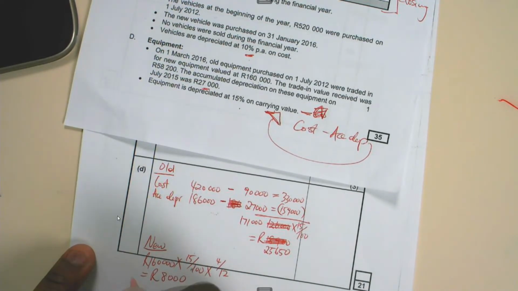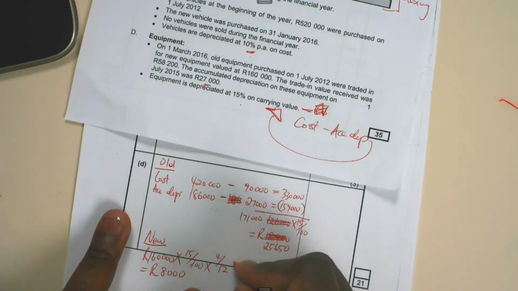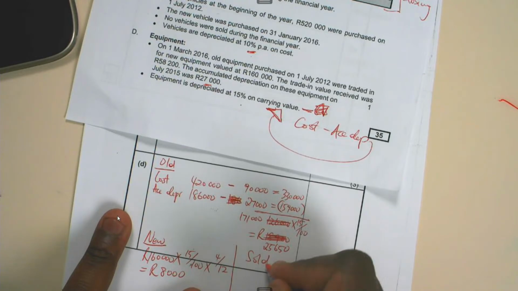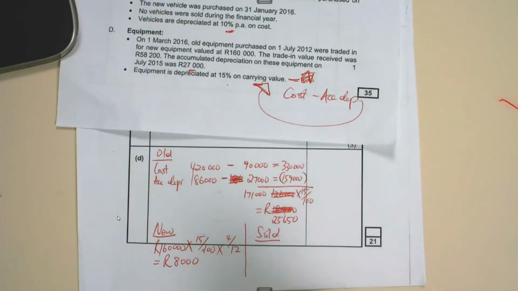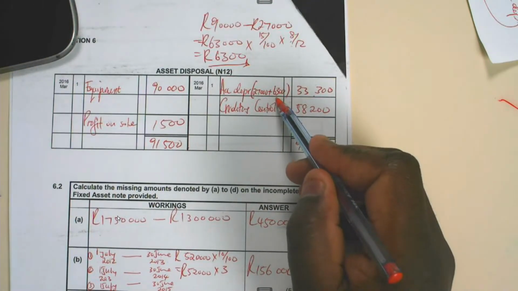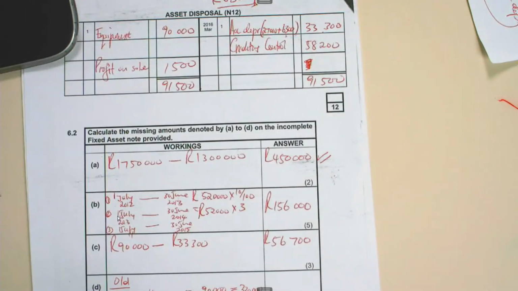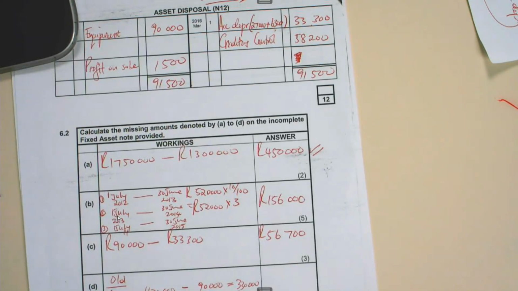And then sold, we'll get it from our T account. Remember, we calculated 6,300 as our current year's depreciation. So sold is 6,300.